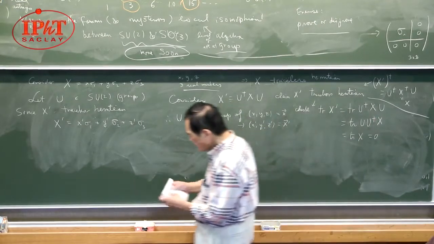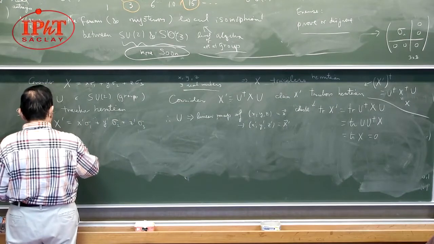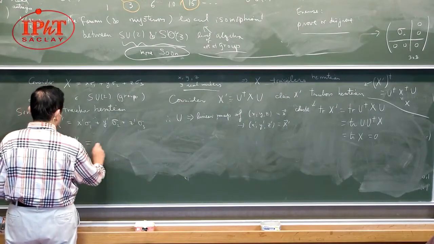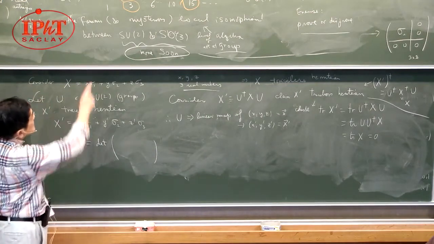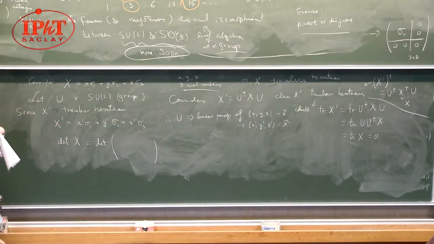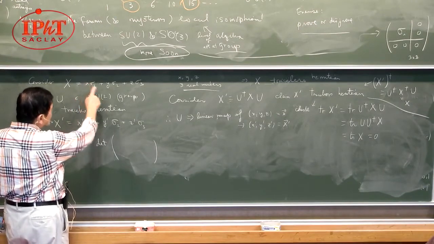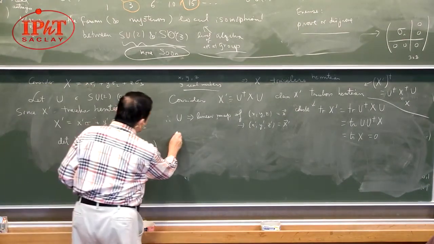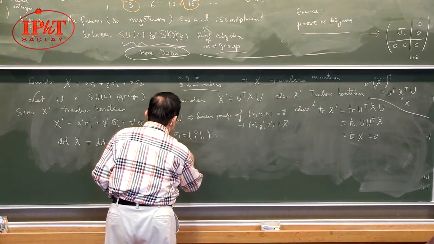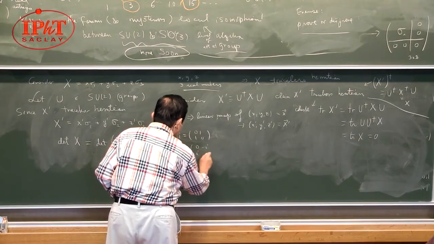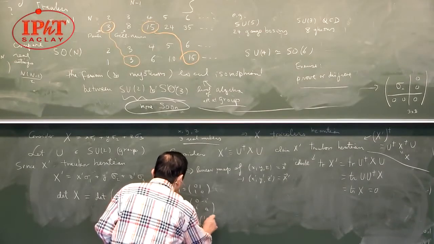Okay? Now the final step of the proof is to calculate the determinant of X. Now given I erased the Pauli matrices, I assume the students remember what they are. Let me just write them down quickly. Sigma 2 equals 0, minus I, I, 0. And sigma 3 is equal to 1, minus 1.